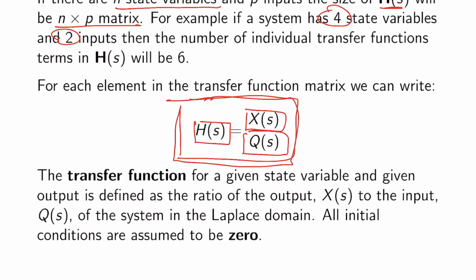In that form you can see that the transfer function for a given state variable and a given input is defined as the ratio of the output X of s to the input Q of s in the Laplace domain.